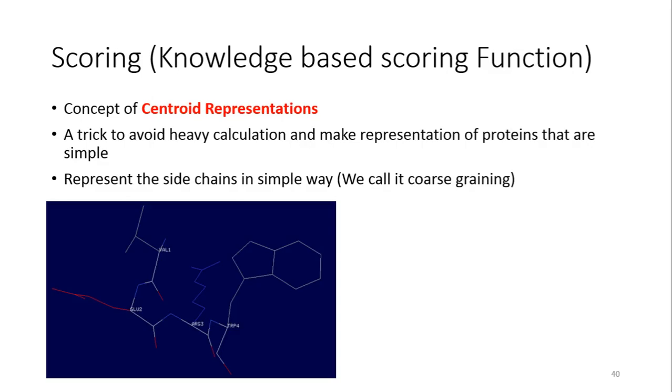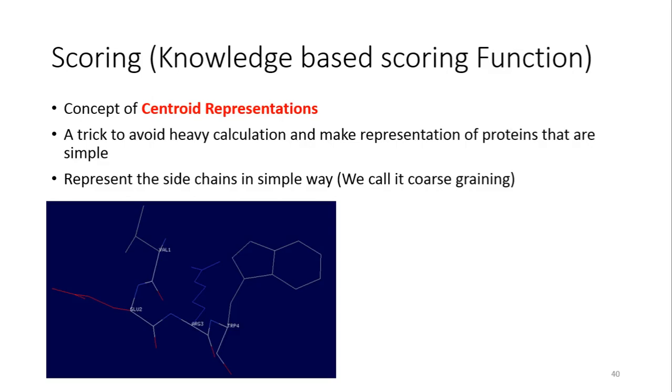Now Simons and Baker did a trick to get out of this tight corner. They made a new representation of the protein that does not contain all atoms and represents the side chain in a simpler way. They call such a simplified representation of protein the centroid representation.